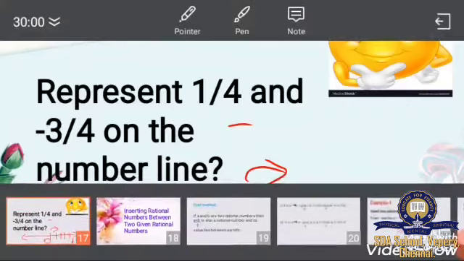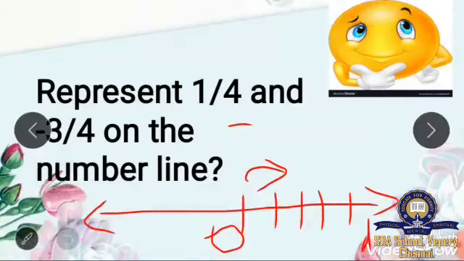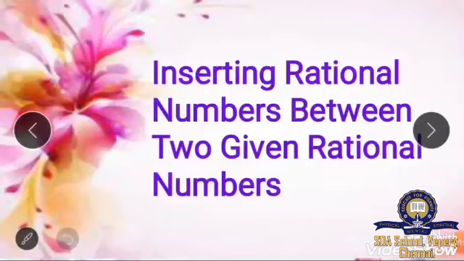Since the denominator is 4, divide into 4 parts. The numerator is 1, so move towards the right from 0 and mark it as 1 by 4. In the same way, move 3 steps towards the left and mark it as minus 3 by 4.